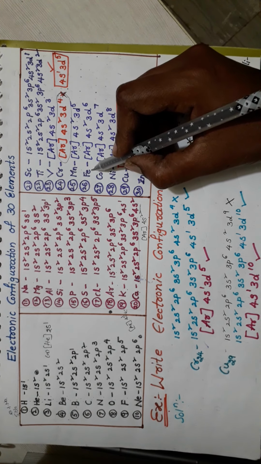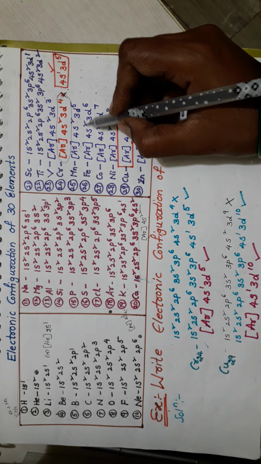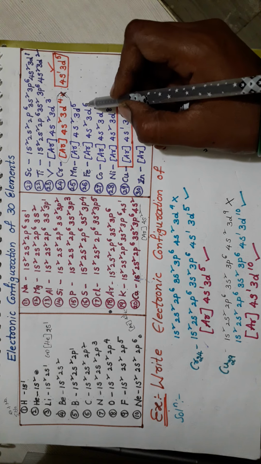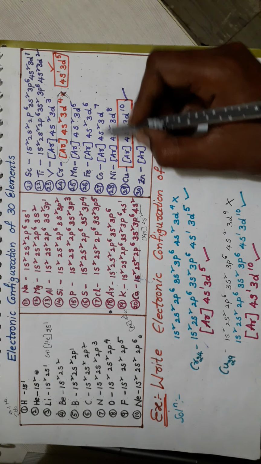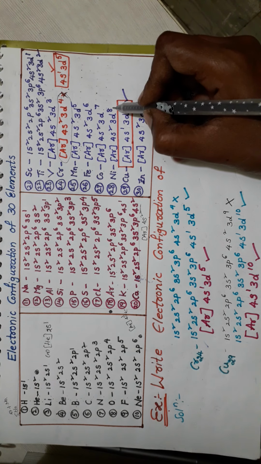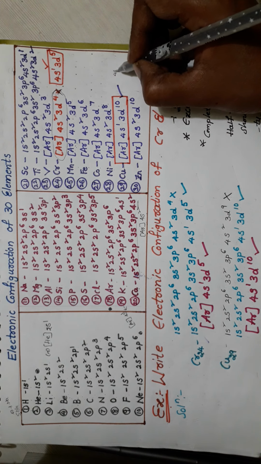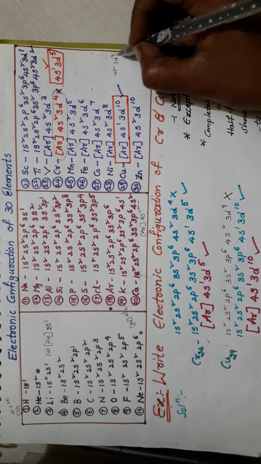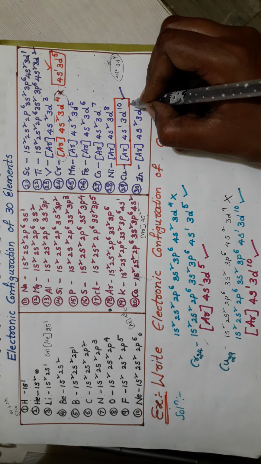Next iron: argon 18, 4s2, 18 plus 2 is 20, 20 plus 6 is 26, it is okay. Next cobalt is the same but the last orbital is 3d7, nickel 3d8. Copper is not 4s2 3d9, it is wrong. Here we have to write 4s1 3d10.